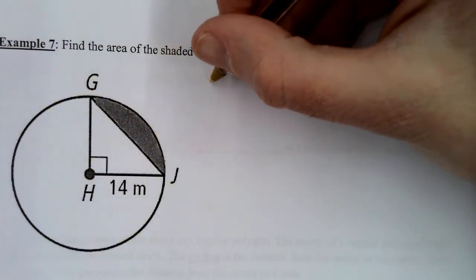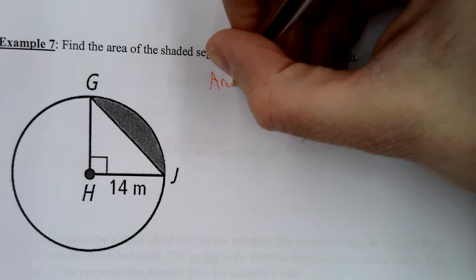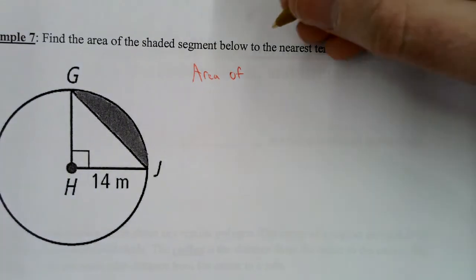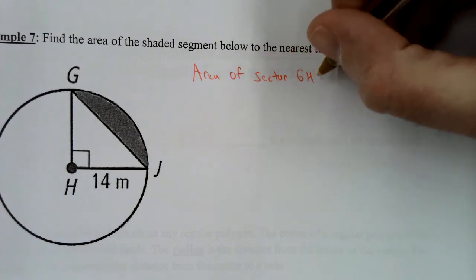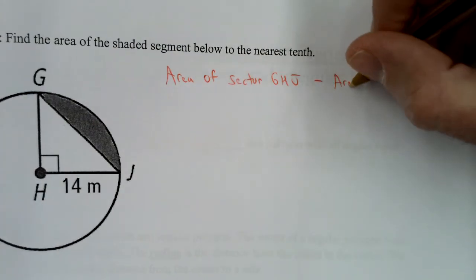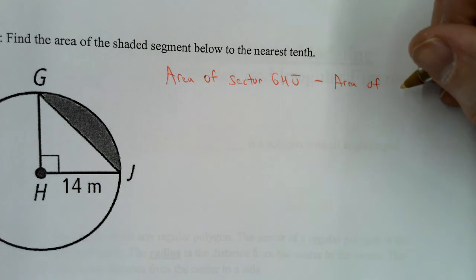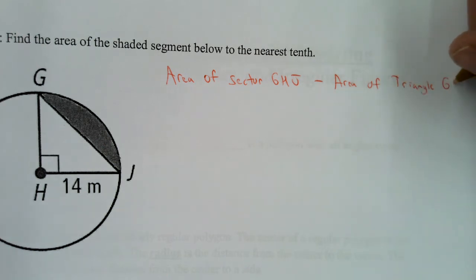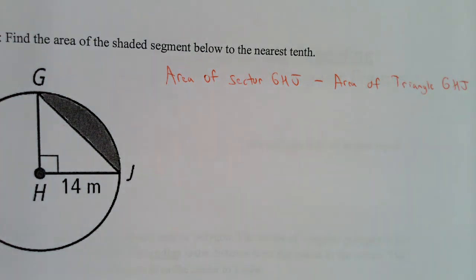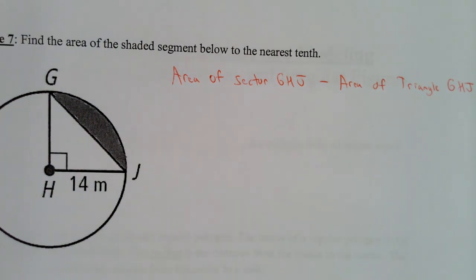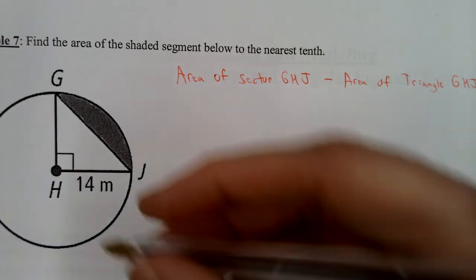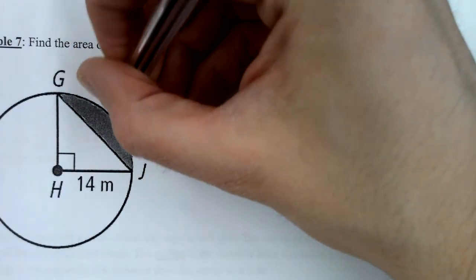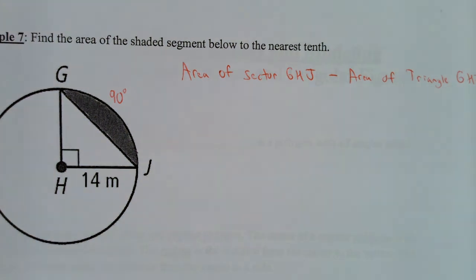So we're going to do the area of sector GHJ minus the area of triangle GHJ. Okay, so that's how we're going to do it. This is 90, so this is also 90. The arc is the same as the central angle.